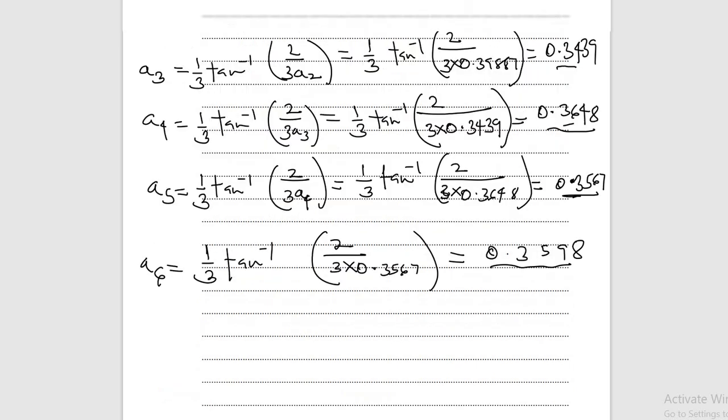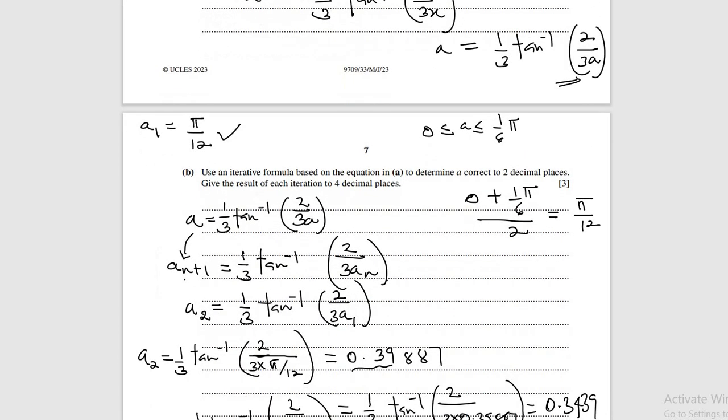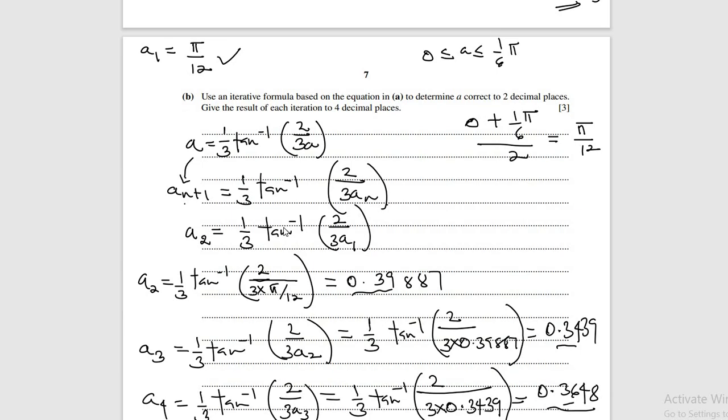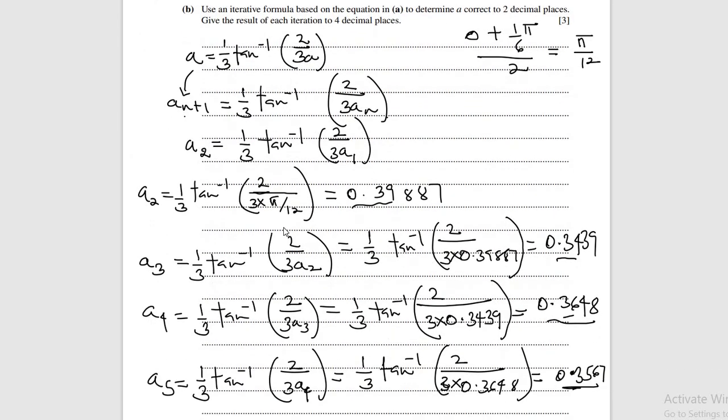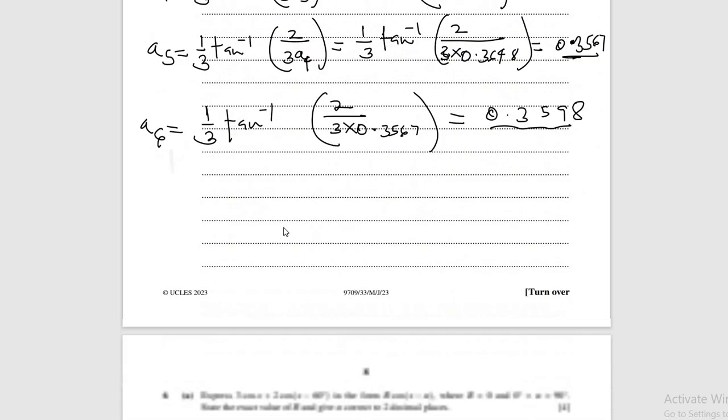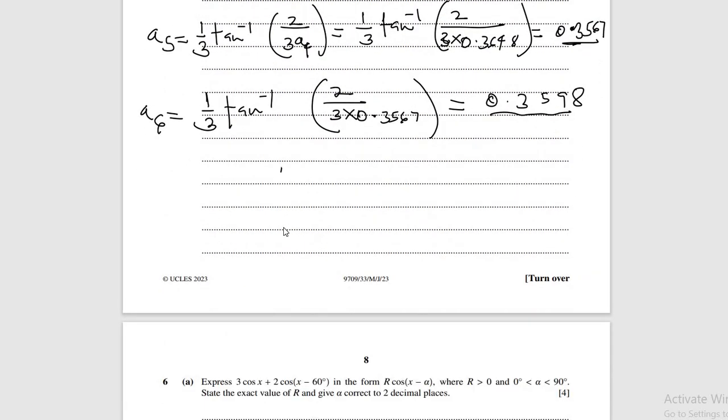Hence, we can conclude and use our iteration formula to determine A to 2 decimal places. So the final answer, which means our actual A, is 0.36. That's it. Our iteration is 0.36.